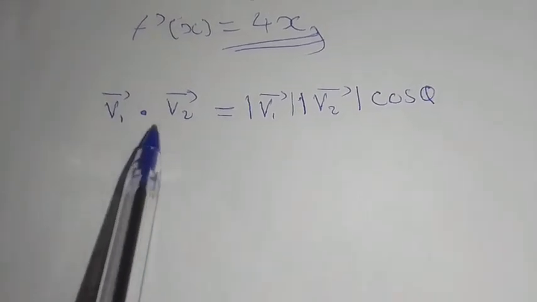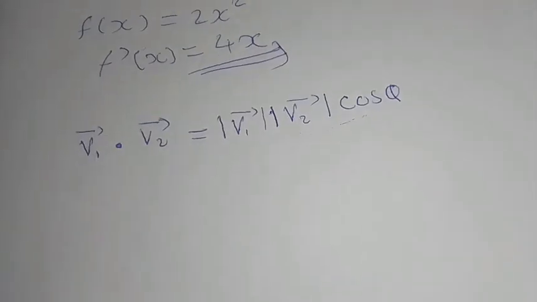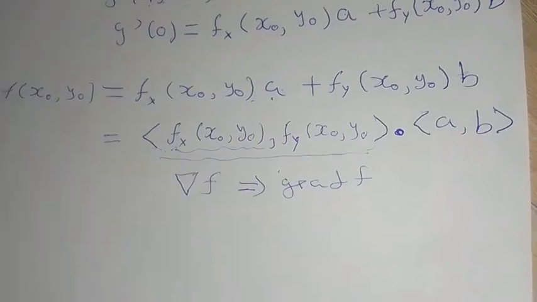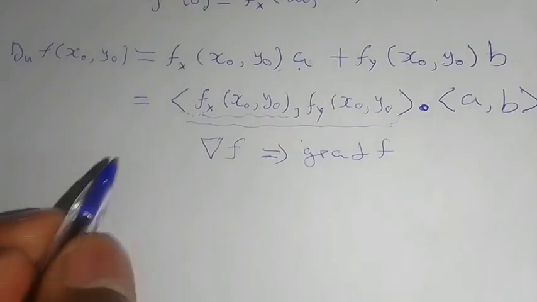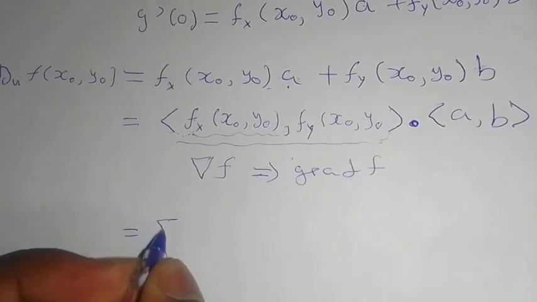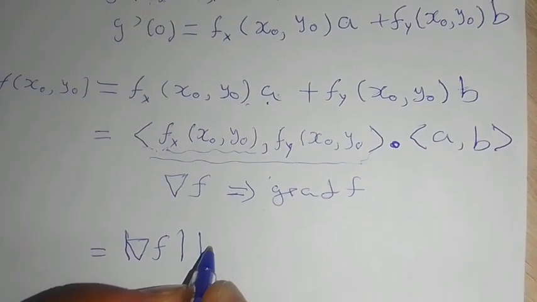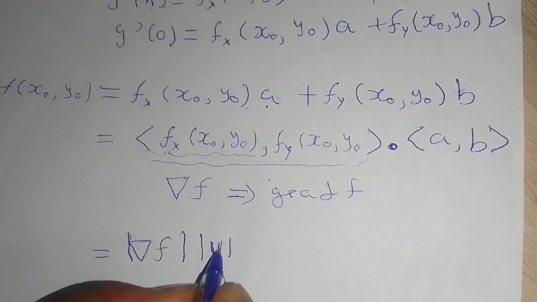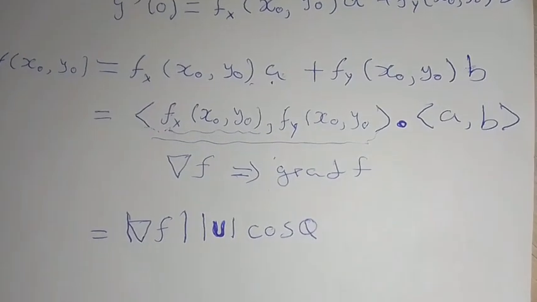So this is by definition the dot product. That's the formula for the dot product. So notice here there's something here. We can therefore rewrite this and say that this is just the magnitude of our gradient vector multiplied by the magnitude of our unit vector multiplied by the cosine of the angle between those two vectors.